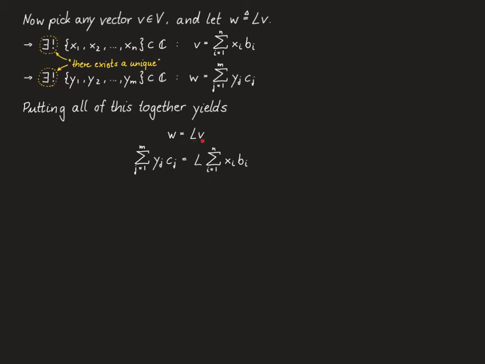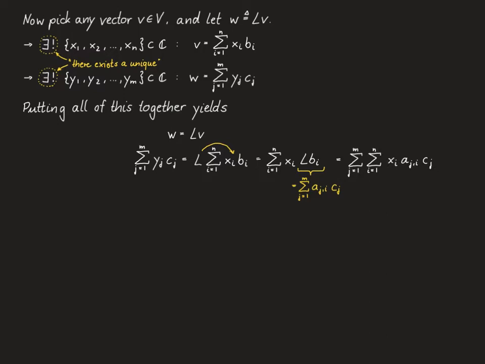w is defined as L v. Now for w, we can substitute this sum, and for v, we can substitute this sum. And now, due to the linearity of the operator L, we can pull L inside of the sum, where the expression L bi is exactly what we have defined as the sum over the index j from 1 to m of aji cj.